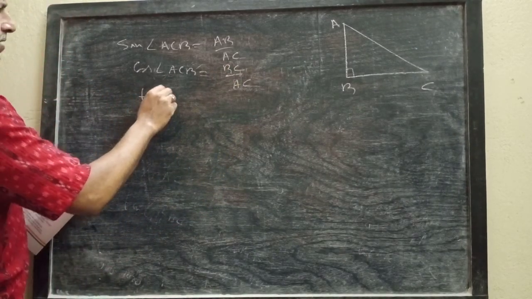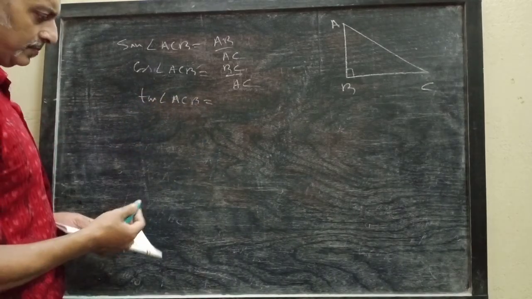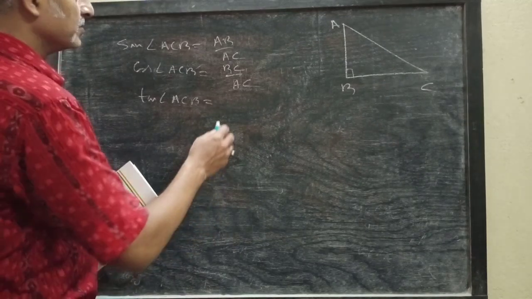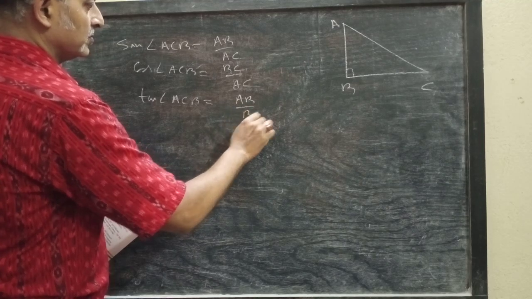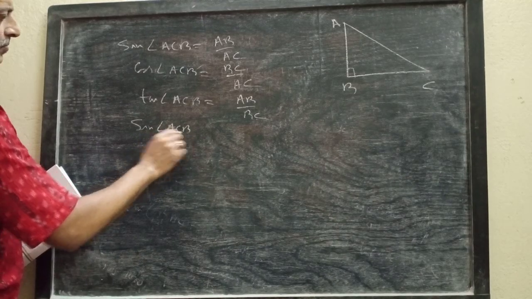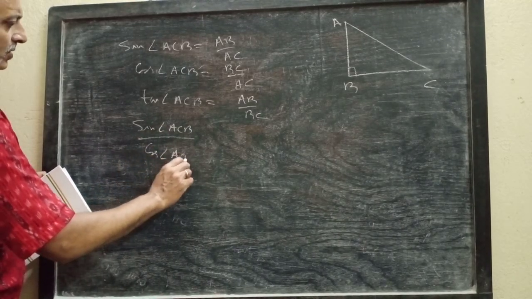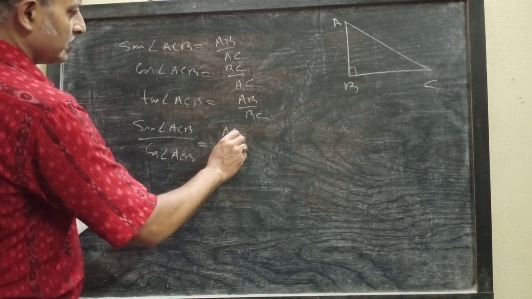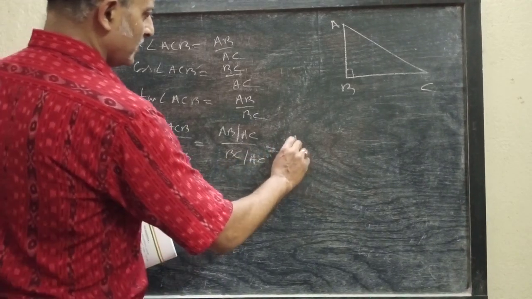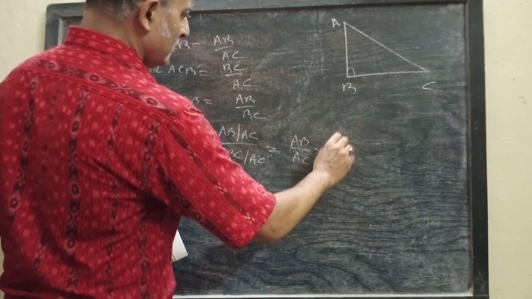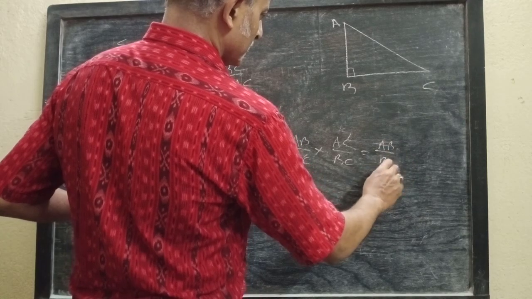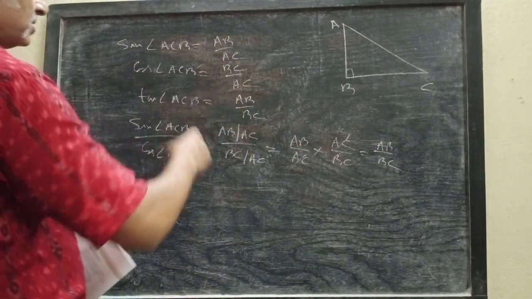We have tan angle ACB, that was AB by BC. Now, sine angle ACB by cos angle ACB, what does it become? AB by AC divided by BC by AC. This becomes AB by AC into AC by BC. AC and AC cancel, so this becomes AB by BC. Look, this is tan angle ACB.